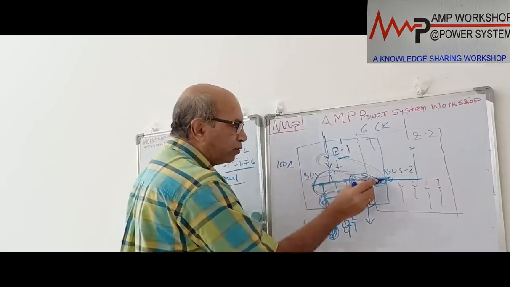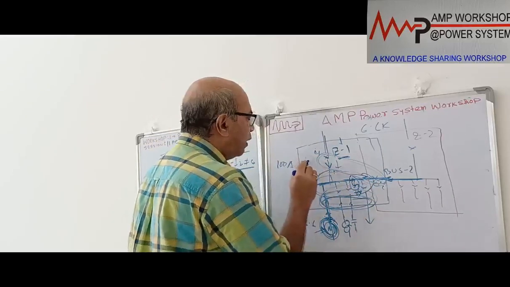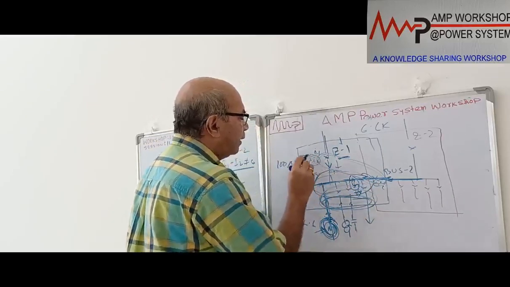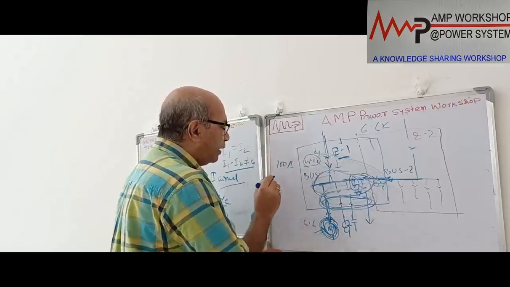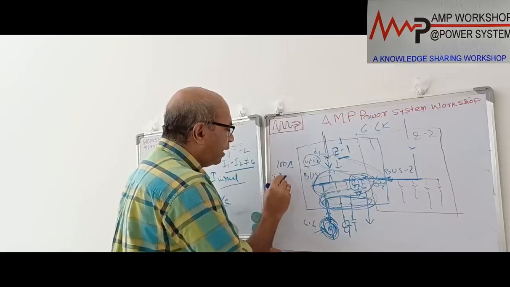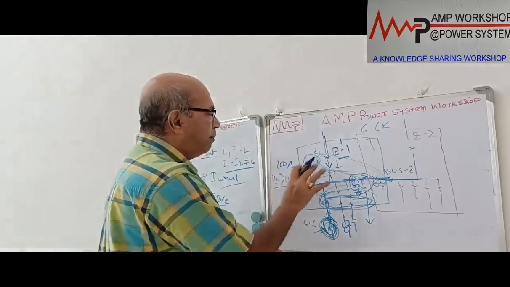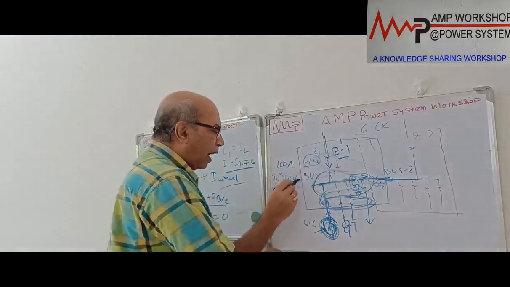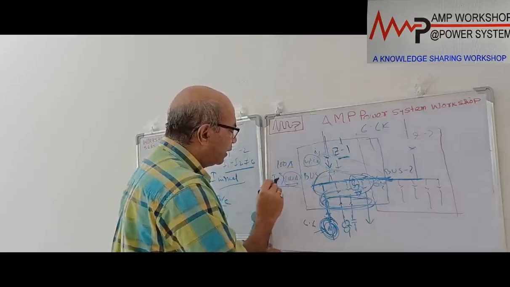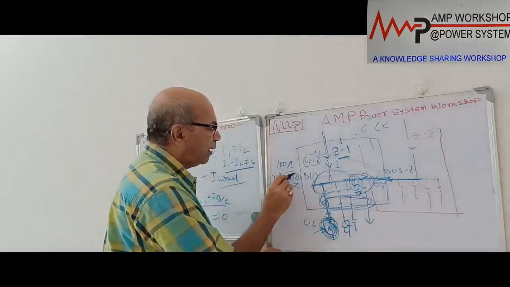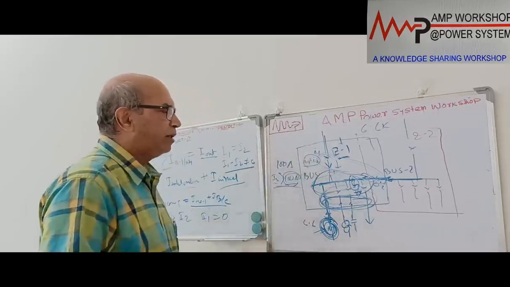Now we sum I1 and I2, and put the setting on the relay in such a way that the setting current will be more than 100 ampere. In normal condition, IS and 100 ampere will be equal. The moment the current flowing through the relay is more than the setting, immediately the relay will operate. That is what a partial differential scheme is like.